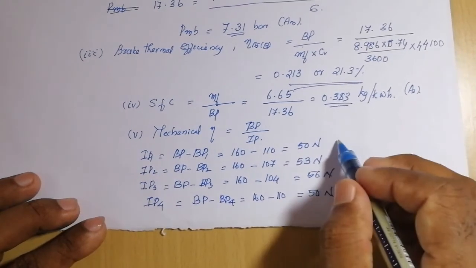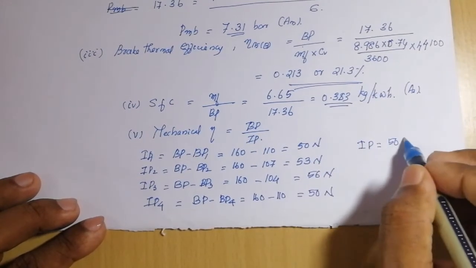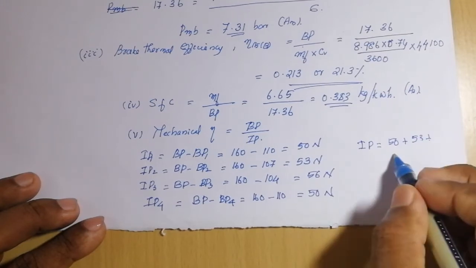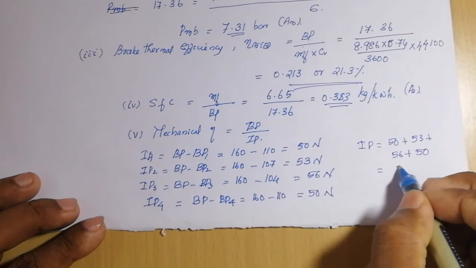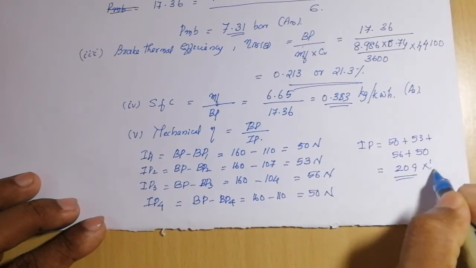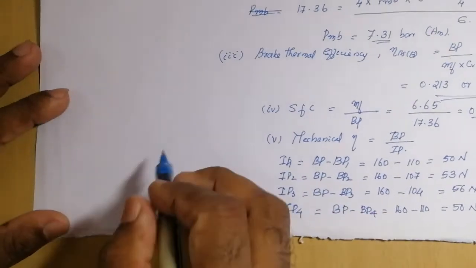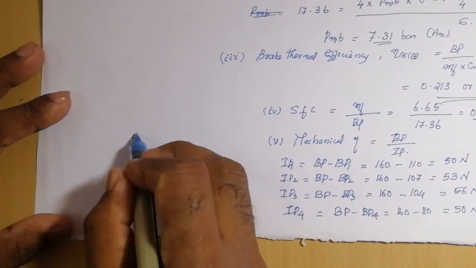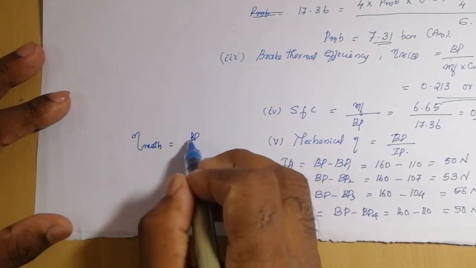So the total indicated power is 50 plus 53 plus 56 plus 50, that is 209 Newton. Okay, so the mechanical efficiency is equal to BP by IP.